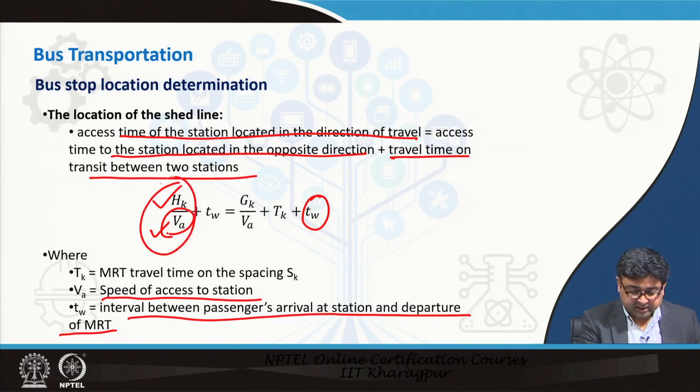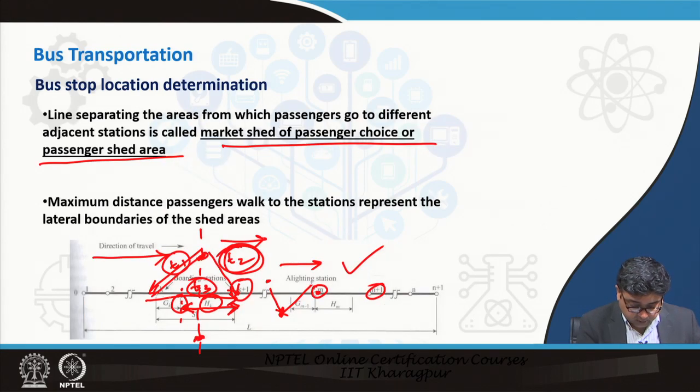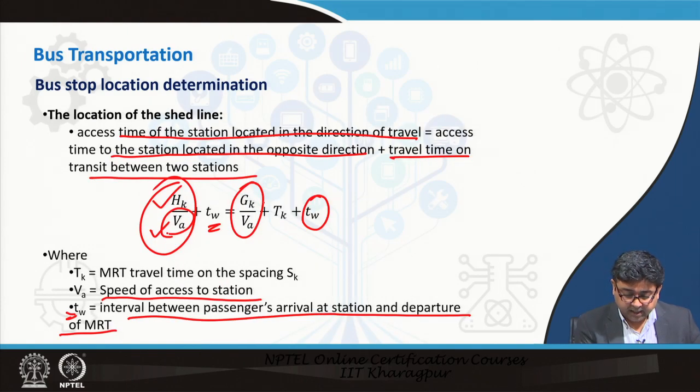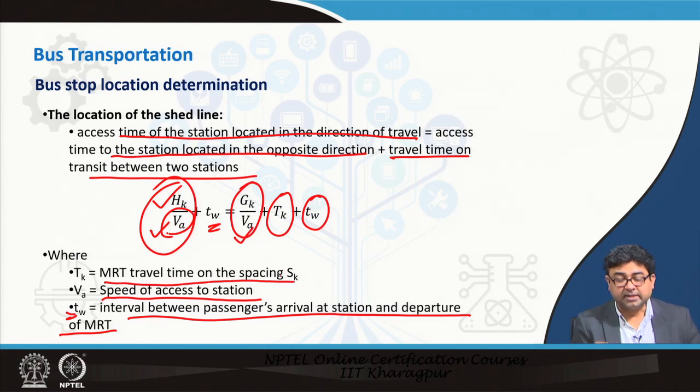That is time, distance by speed, plus Tw, which is again the wait at that station for the train to arrive, is equal to, now if you had gone to Gk, if you had traveled this distance and gone back to the station in the opposite direction of travel, again at some speed, but there would have been this element Tk, which is the travel time of the MRT, the mass rapid transit, on the spacing Sk, right.